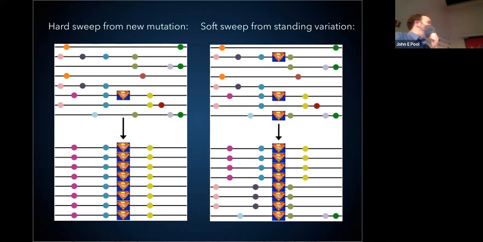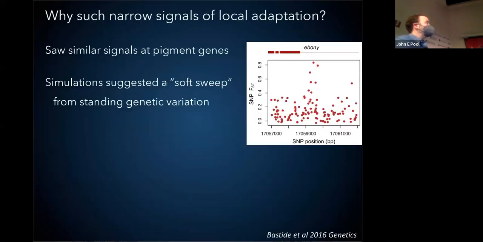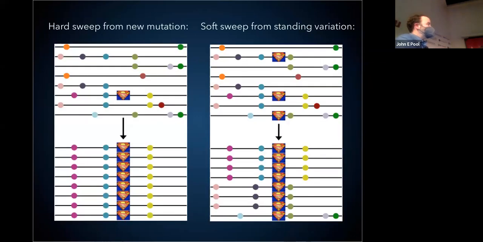And so this is a way that you might get the sort of pattern that we observed here, where the main difference between a population that's had selection and a population that hasn't is really right at and immediately around the target of selection itself. And so this motivated us to continue looking for these SNP level patterns of genetic differentiation between populations.